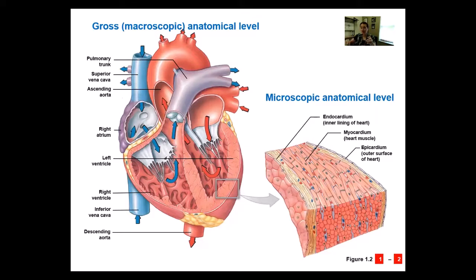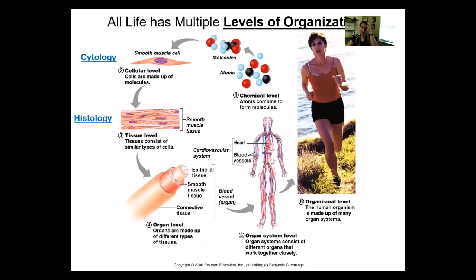And so we are going to be zooming in on the microscopic level and building on that ultimately to the gross or macroscopic anatomical level. Okay, both are anatomy. Okay, so all life, including the human body, has these multiple nested, what are called levels of organization, right?